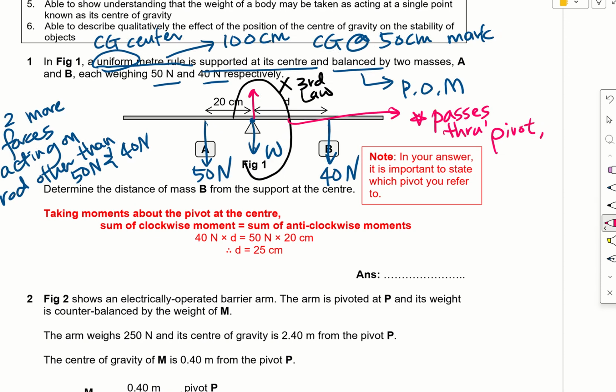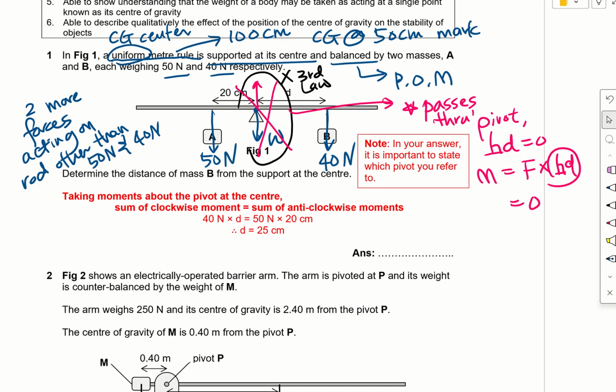So if it passes through the pivot, the perpendicular distance is 0. That means moment due to these forces, which is force times perpendicular distance, since your perpendicular distance is 0, therefore your moment should be 0. So we actually do not need to bring in these two in our calculation.